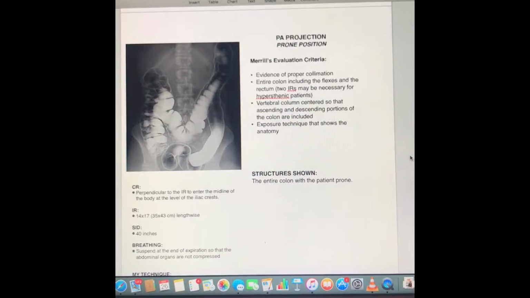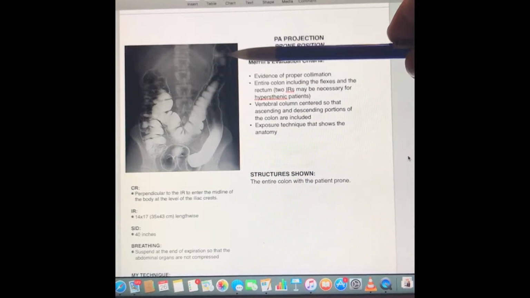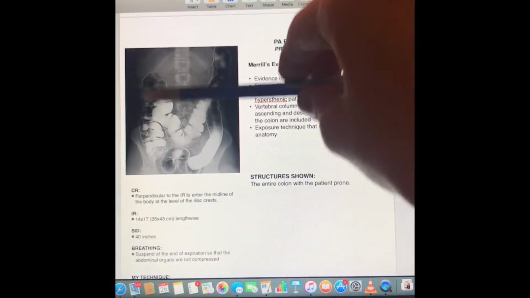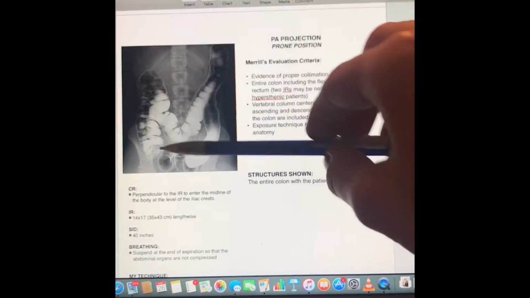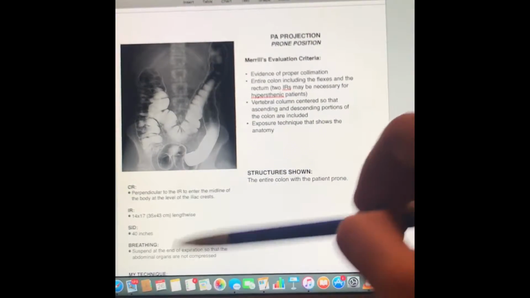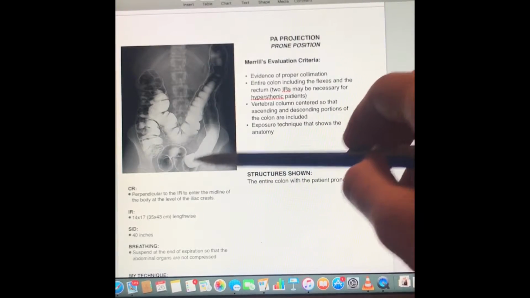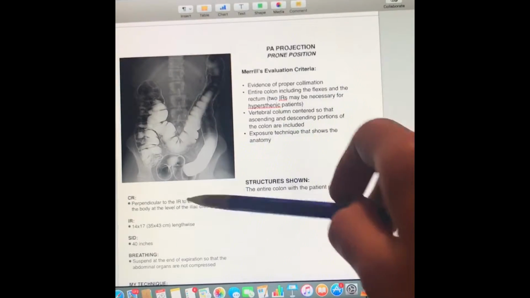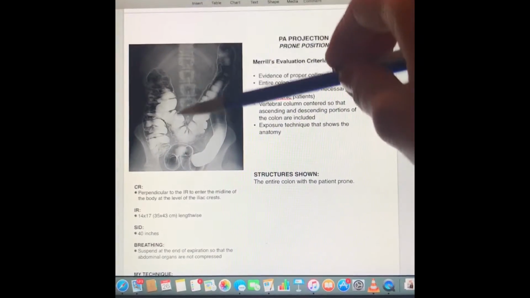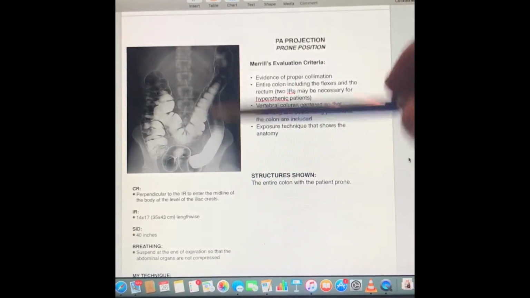So we can see the left colic flexure, right colic flexure, transverse colon, descending, ascending, rectum, sigmoid, and rectum down. We can see vertebral column, ribs, hips.